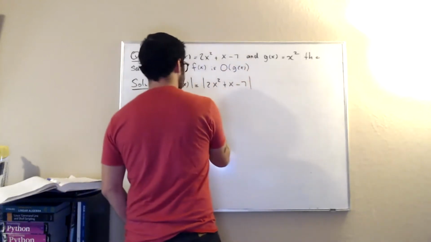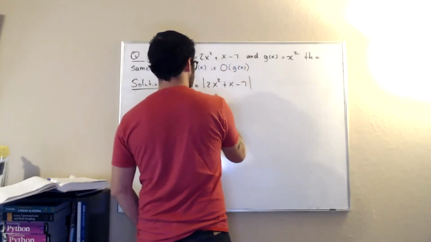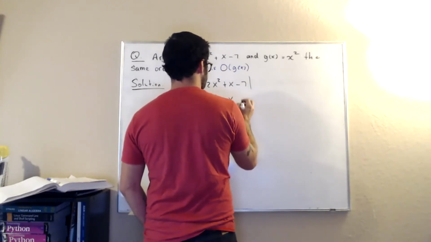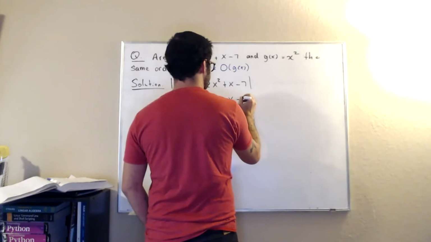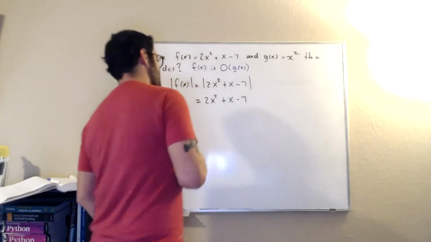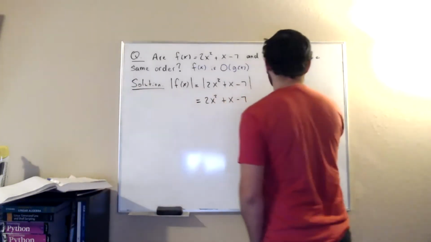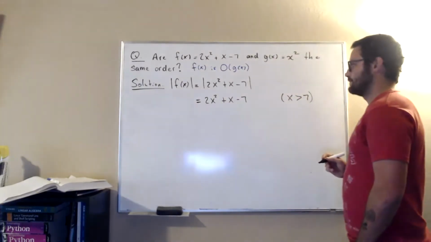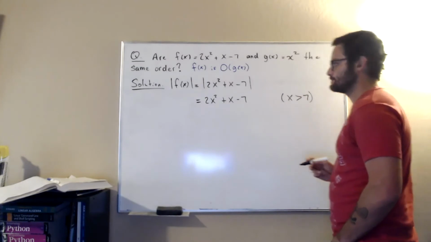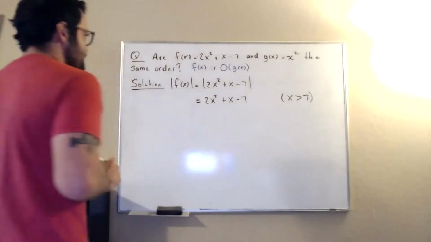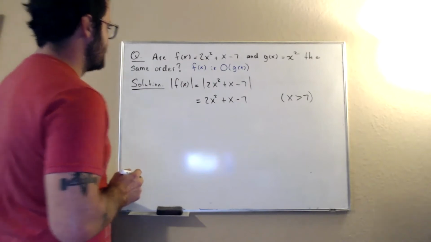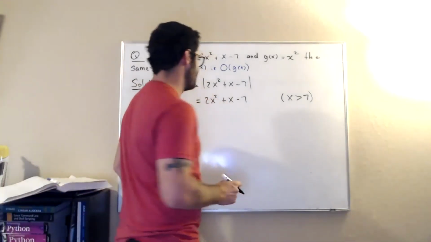We can drop the absolute values when x is greater than 7.